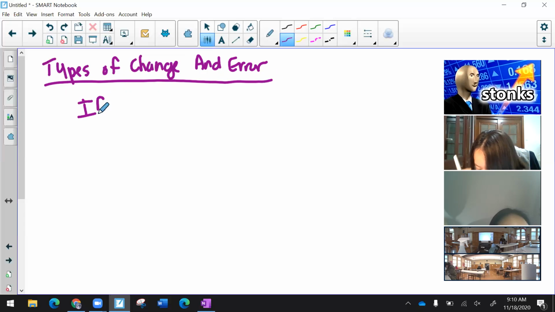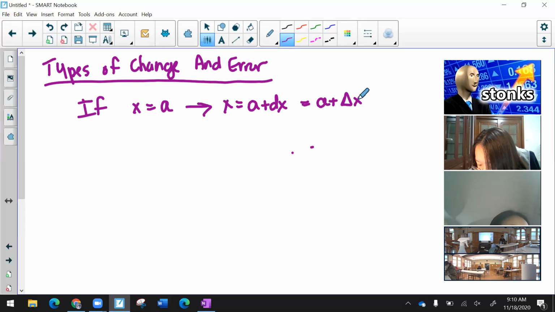So if we're going to let x equals a go to x equals a plus dx, or sometimes we say a plus delta x, I'm just going to move a little bit, positive or negative. Dx can be positive or negative.